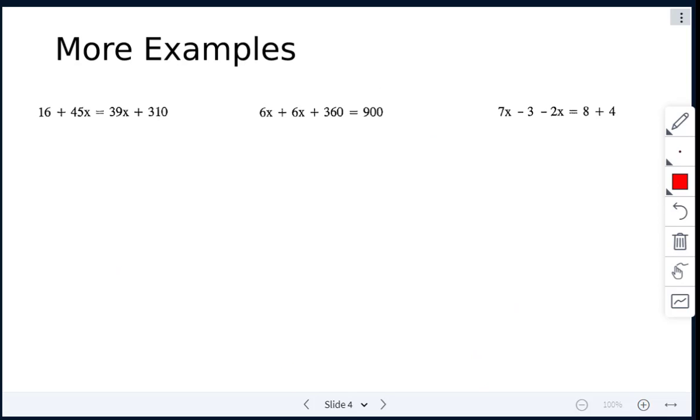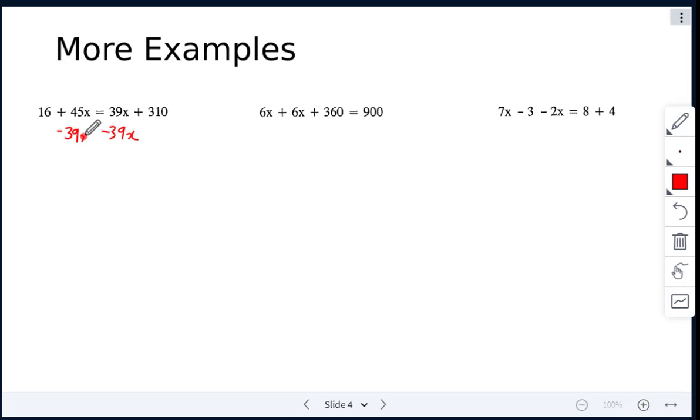All right, so the first example here, we have 16 plus 45x equals 39x plus 310. So we want to collect our x's together and put our numbers together and put those on the right hand side, put our x's on the left hand side. So because we have a positive 39x, we're going to subtract 39x to both sides.